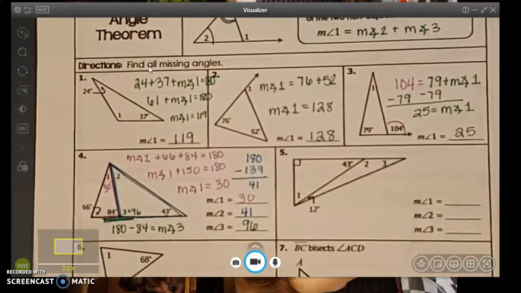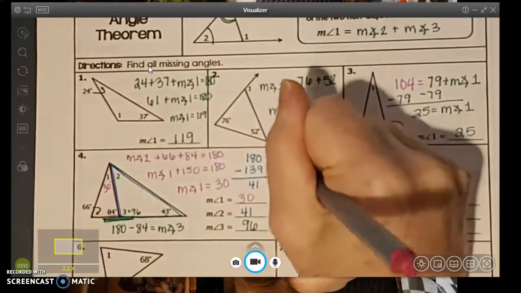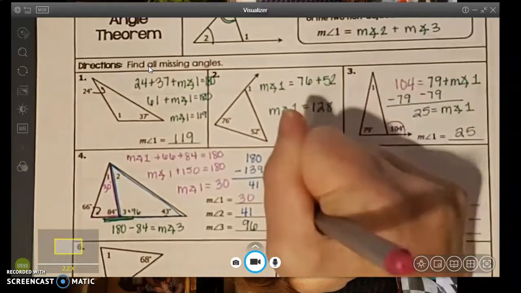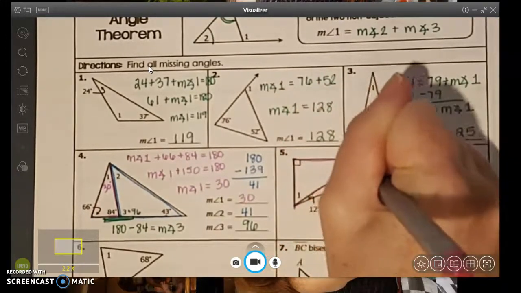All right, moving on to number 5. I am going to start with finding the measure of angle 1. I see that this is a triangle here, and this little box means that's a 90-degree angle.